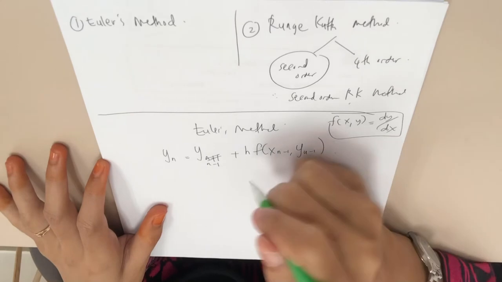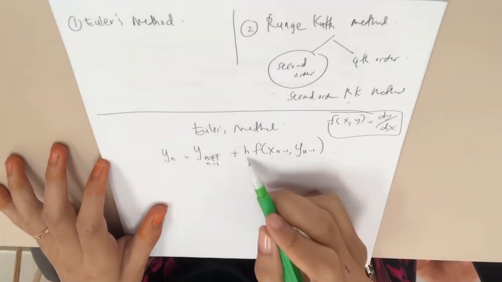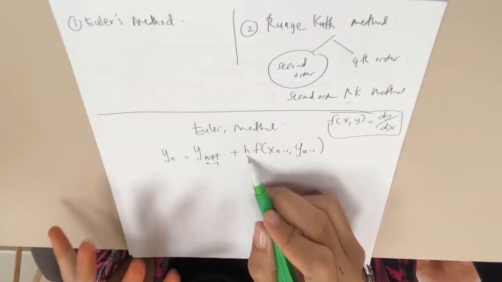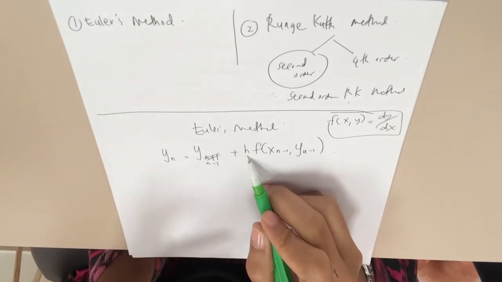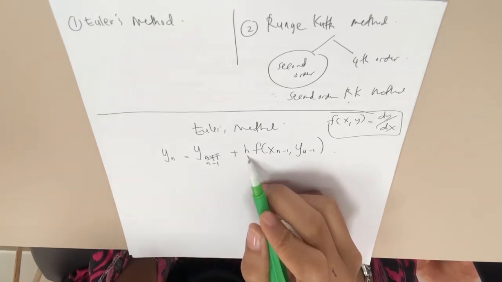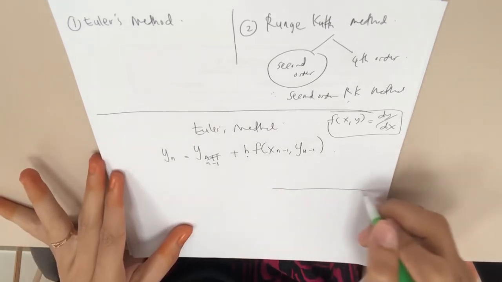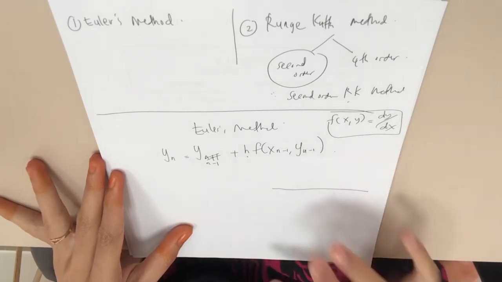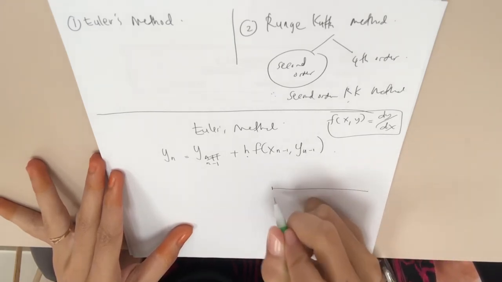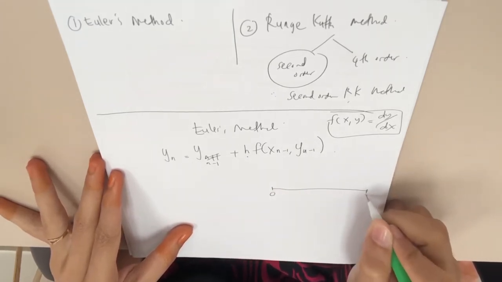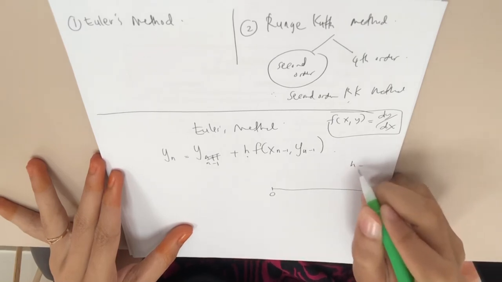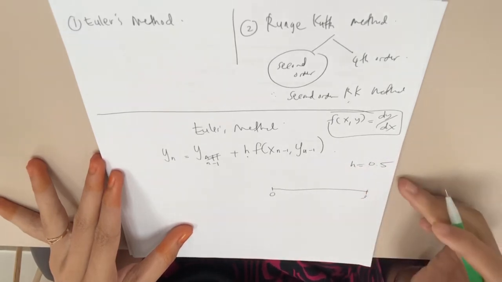And then for h, what is h? h is the step size. In simple terms, to make it easier to understand, h is the interval, a gap. Let's say you have x, the starting point is 0, the end point is 3, and your step size h is 0.5, for example.